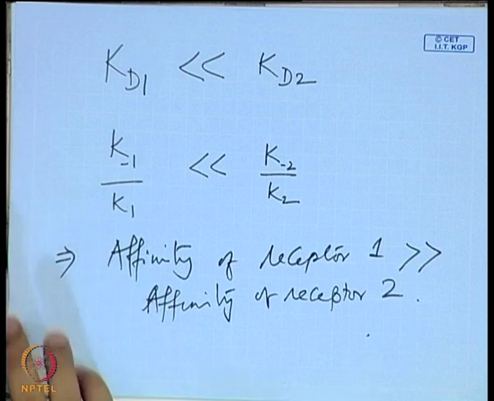This is what we concluded. These are cases when we can really distinguish between the two kinds of receptors, as I just showed in the biphasic response that we had.